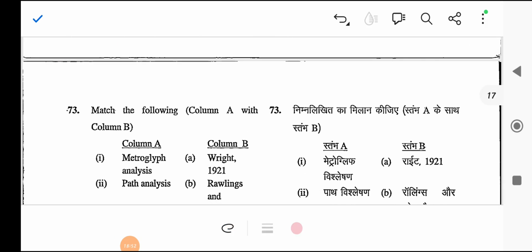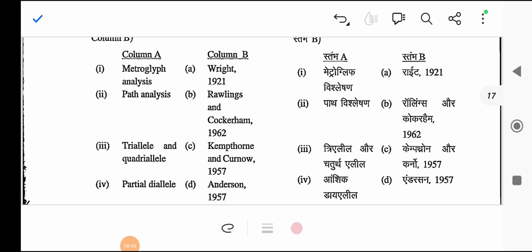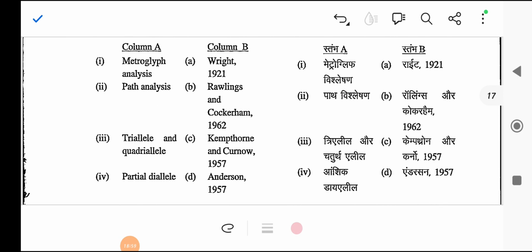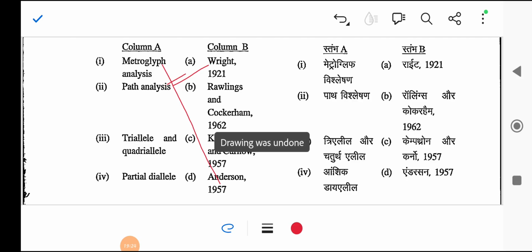Next is, match the following again. You have to name the scientist who discovered this. Metroglyph analysis is by the scientist Anderson. Path analysis is by Wright.